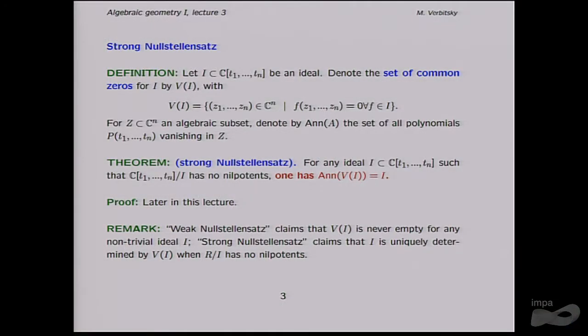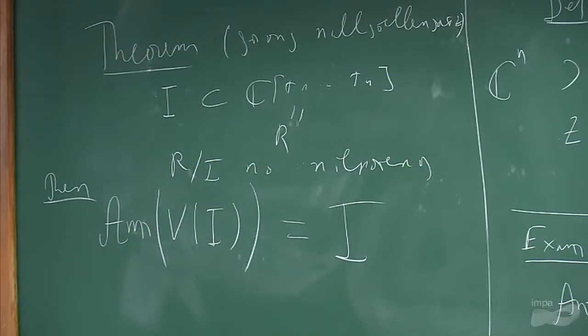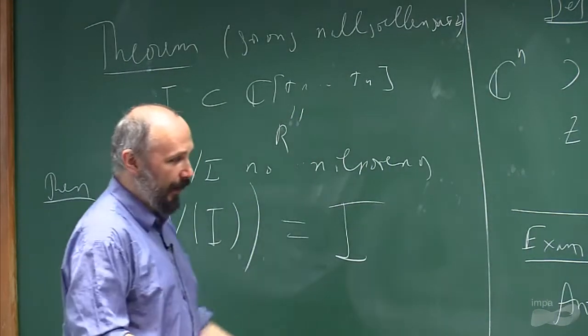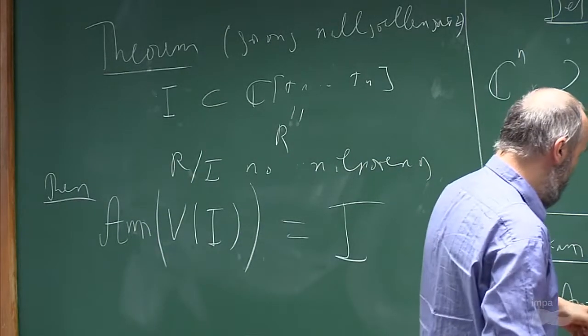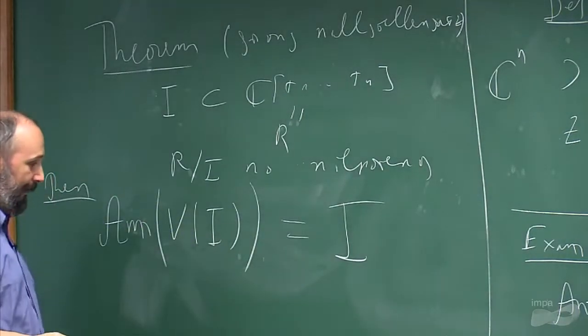The 0 sets give you the ideal back. Not like here, because here we take the annihilator. You can recover this set from the ideal, but you can do that only from algebraic sets.